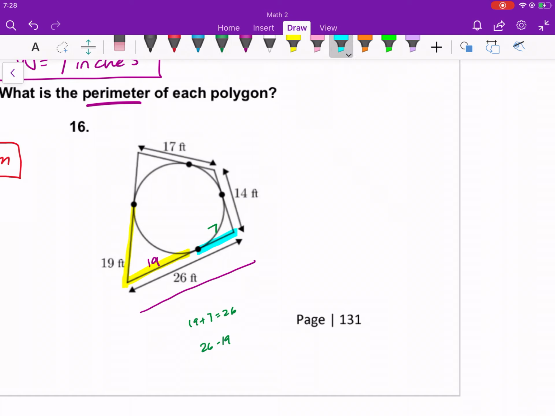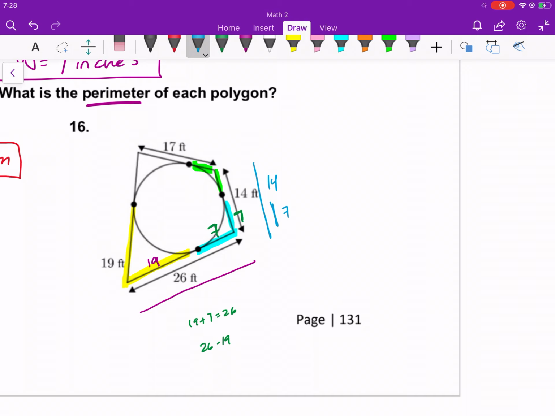Okay, well now that we have that length, we also know this length is 7. Which, if that length is 7, well, these two should be the same. And let's switch over to blue. So the whole length right here is 14, but this little section is 7.